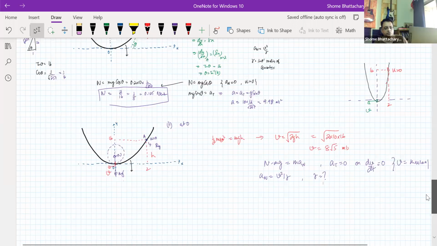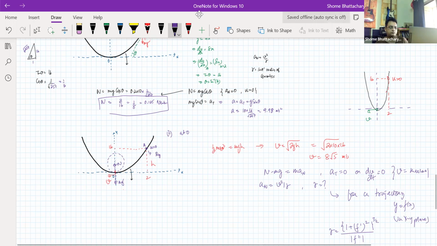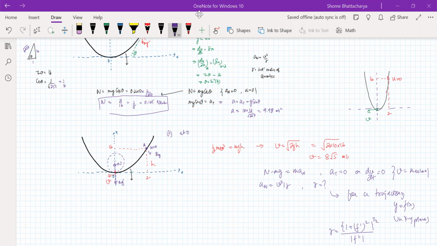Okay. So for this, we have to use that formula that for a curve or a trajectory, y equal to f of x in the xy plane, the instantaneous radius of curvature is given by this.